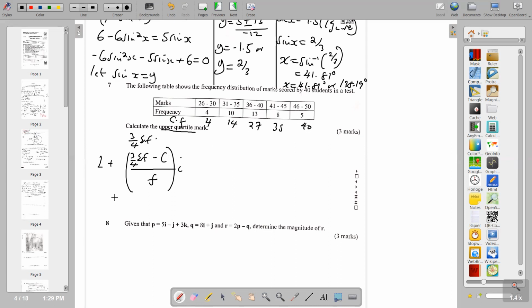So 3/4 of 40, you're going to get 30. So you're going now to get the marks of the 30th student. Now the 30th student lies here, because this one is 35. You're going now to substitute.